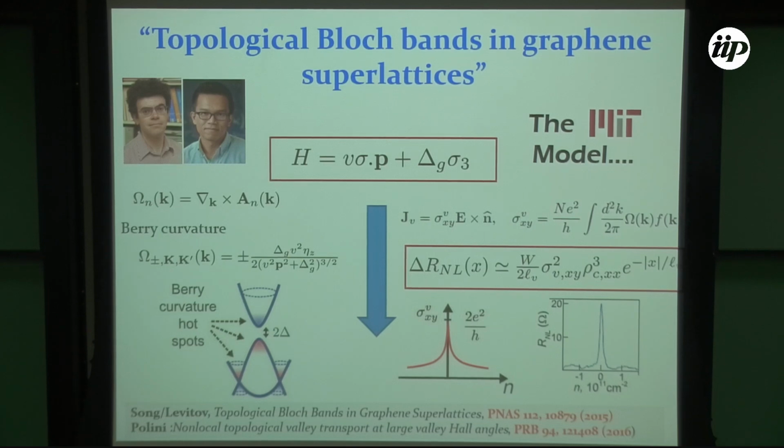It is the propagation until you mix valleys and lose the phenomenon, and then you will have a reduction of the non-local signal. So through this theory, they got a direct connection between this valley Hall effect, which is purely intrinsic from this Hamiltonian, and the signal that is measured.